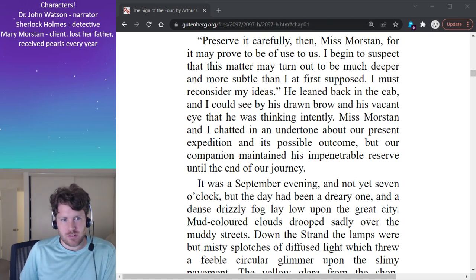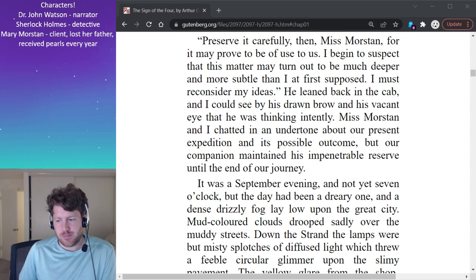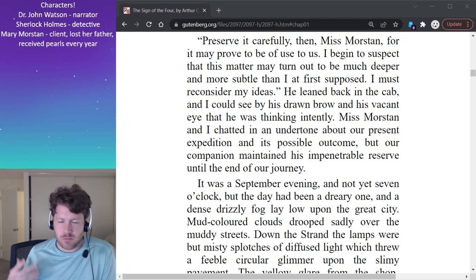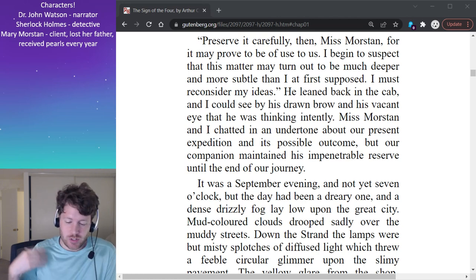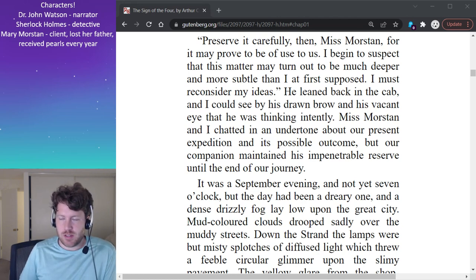So Miss Mortson showed up, said, hey, my father disappeared from London 10 years ago. He was at war or something like that. And he's like, I'm home, daughter, I'm going to come see you. I'm at this hotel. But when she got to the hotel, he was missing.